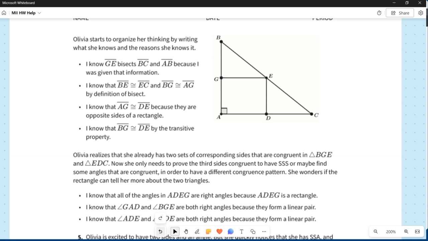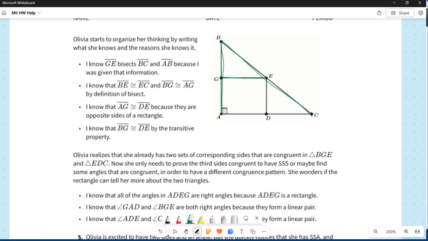Olivia starts to organize her thinking by writing what she knows and the reasons she knows it. All right. I know that GE, this guy, bisects BC and AB because I was given that information, right?